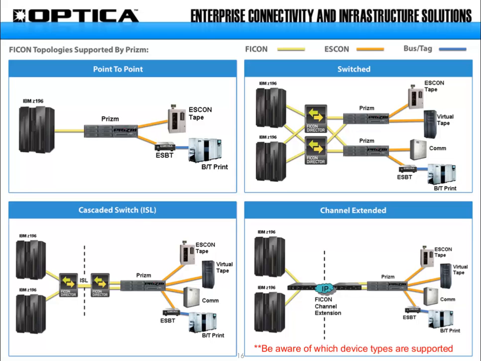So Prism can be placed in the remote location behind the IP channel extension solution and support those devices remotely. Okay. The only caution that I'd mention is that both Brocade and Cisco offer IP channel extension solutions, and you have to make sure you check with them on what device types can actually be supported with native performance over distance. But Prism will drop into any topology that you're running currently.